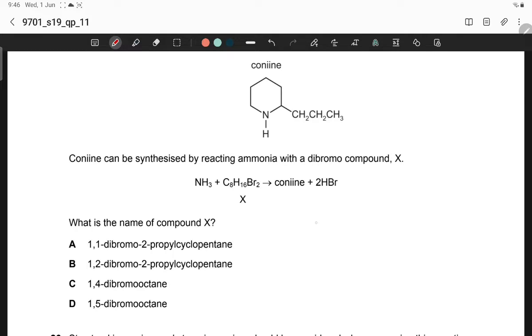The compound X must be like CH2, CH2, CH3.